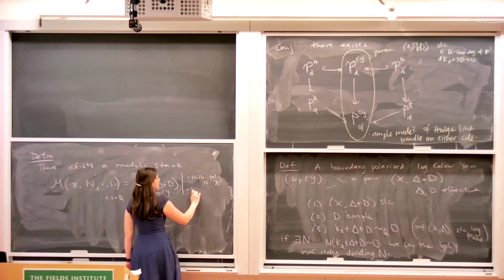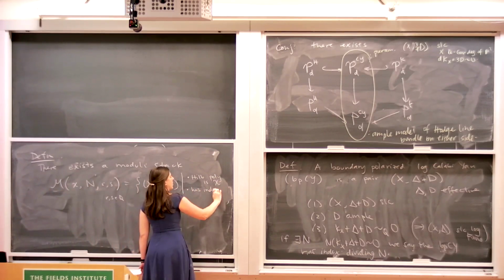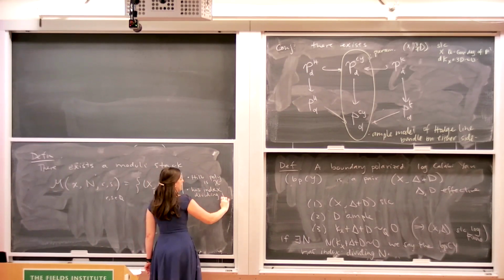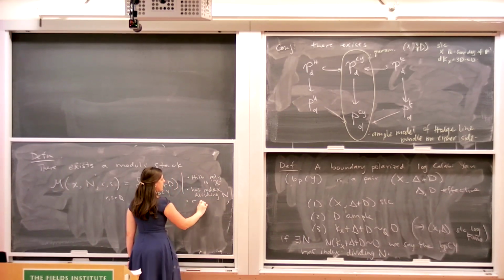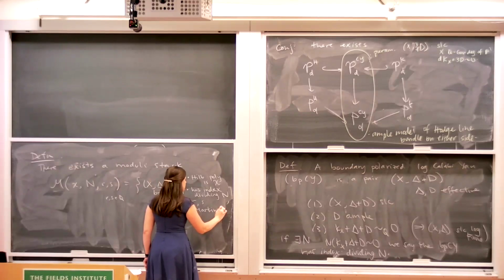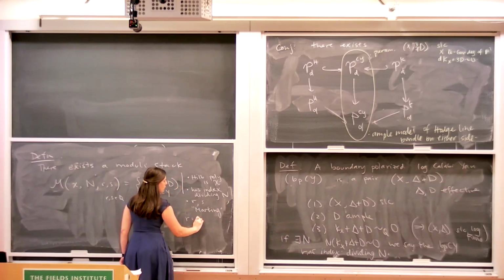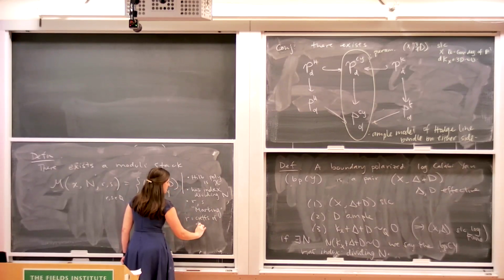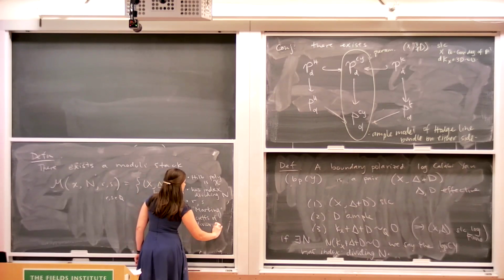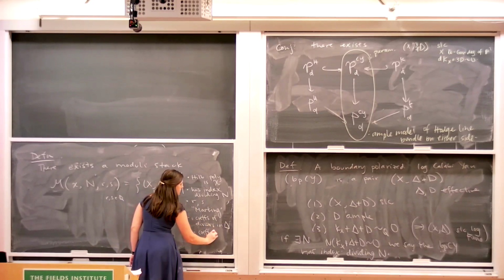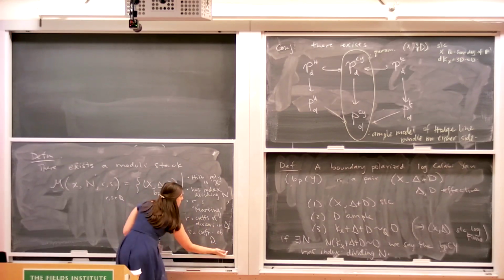This pair has index dividing n, capital N, and the R and the S are in Kollár's book. He calls this a marking. So R is like the coefficients of the divisors in Δ, and S is the coefficient of the divisors in D.